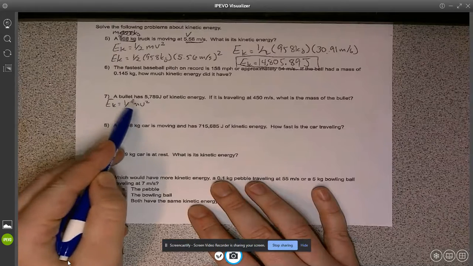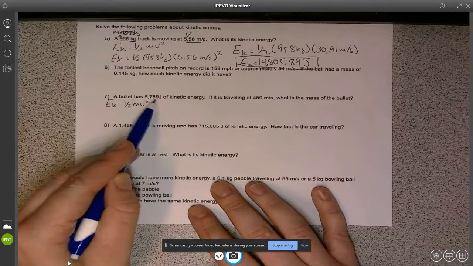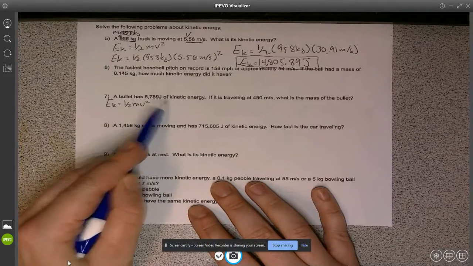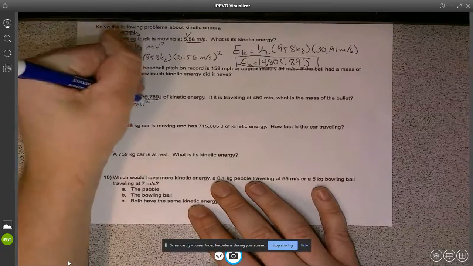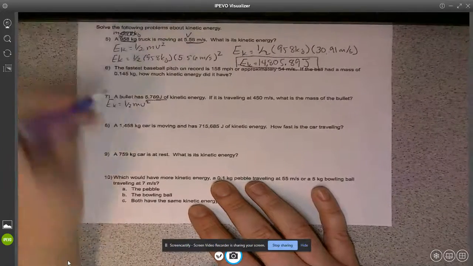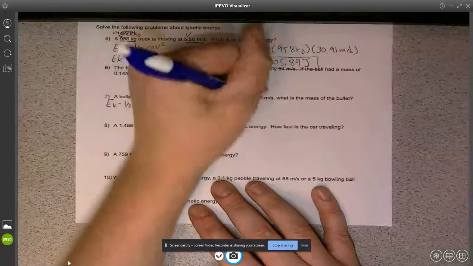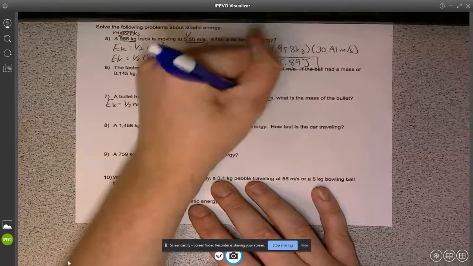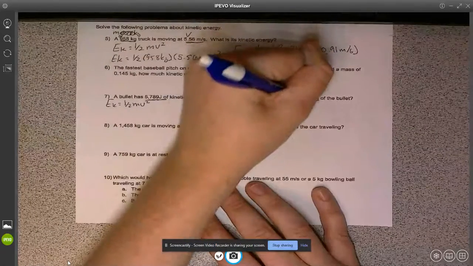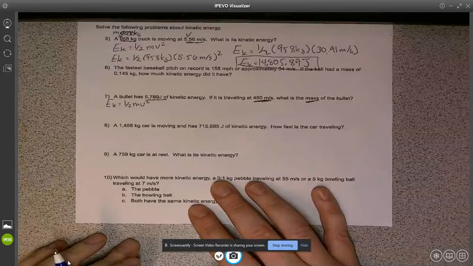So my bullet has 5,789 joules of kinetic energy, and then it's traveling at 450 meters for every second. What is the mass of the bullet?